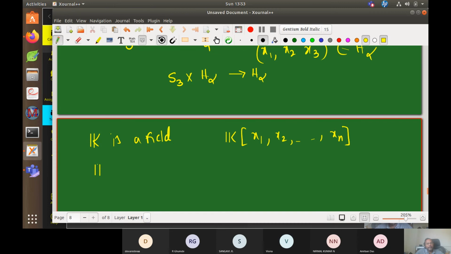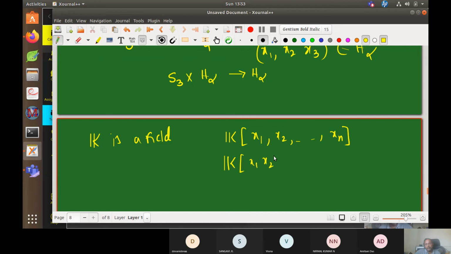You don't know. See, if F is a field, you know this: the ring of the set of all polynomials with coefficients from F. So what is K of x1, x2, xn? The set of all polynomials with variables from x1 to xn and coefficients from K. So for example, can you give me one polynomial in K of x1, x2?